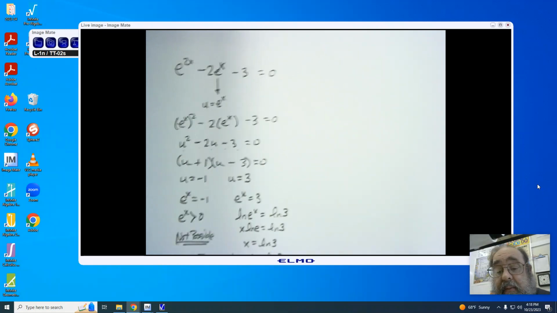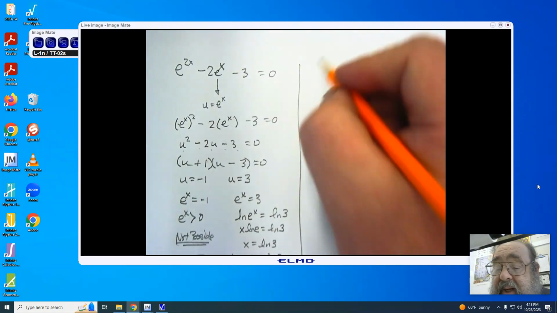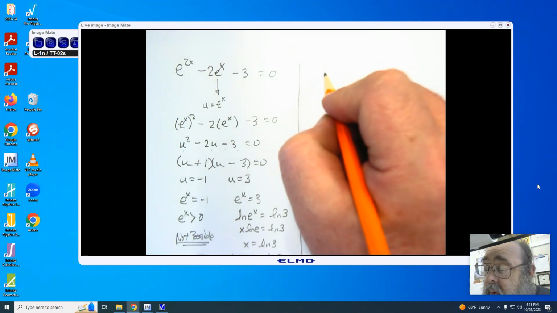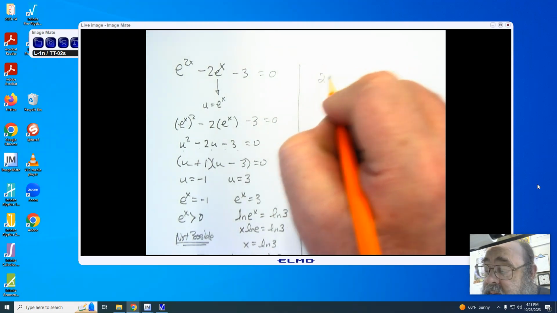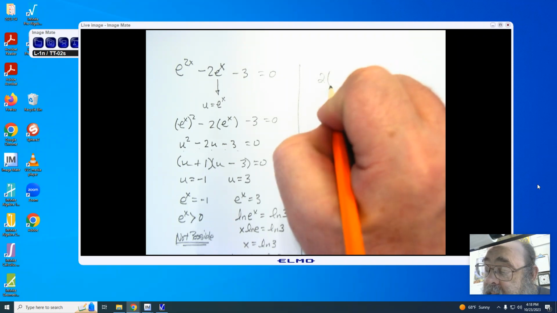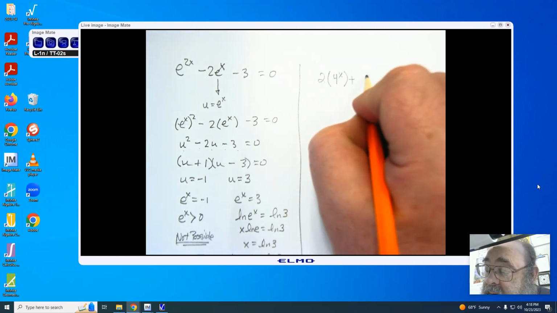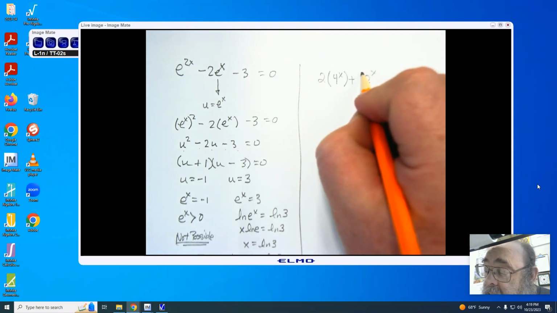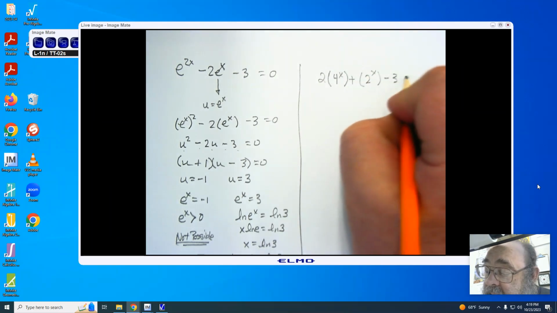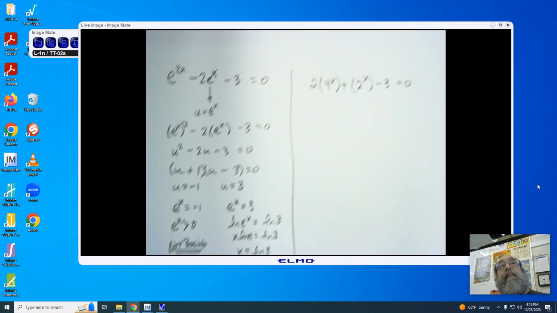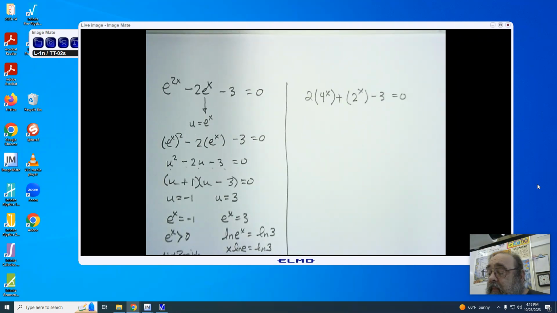Let's try another one. This time, let's go 2 to the 4x power plus 2 to the x power minus 3 equals 0. This is also a quadratic form.